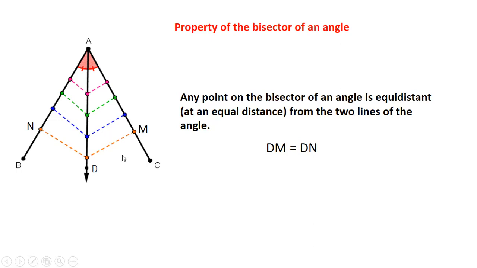So this is a very important property of a bisector of an angle, which says a point which is on the bisector of an angle is equidistant from the two sides of the angle.